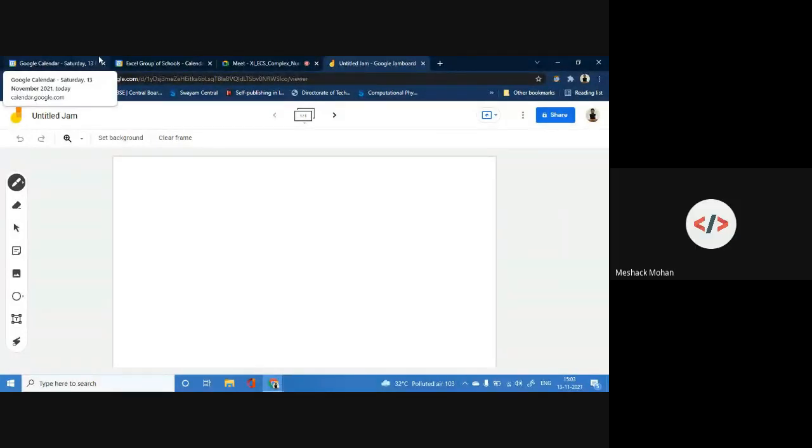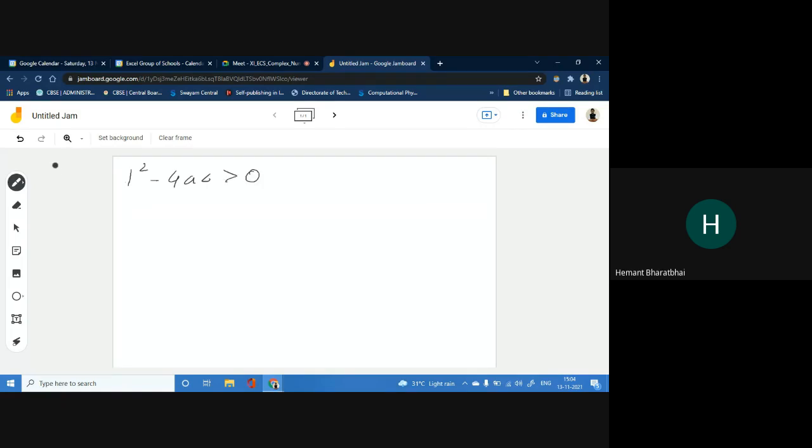So I was explaining to you that in your 10th standard, when you studied b square minus 4ac, you had seen that this should always be greater than 0, because this is real numbers.